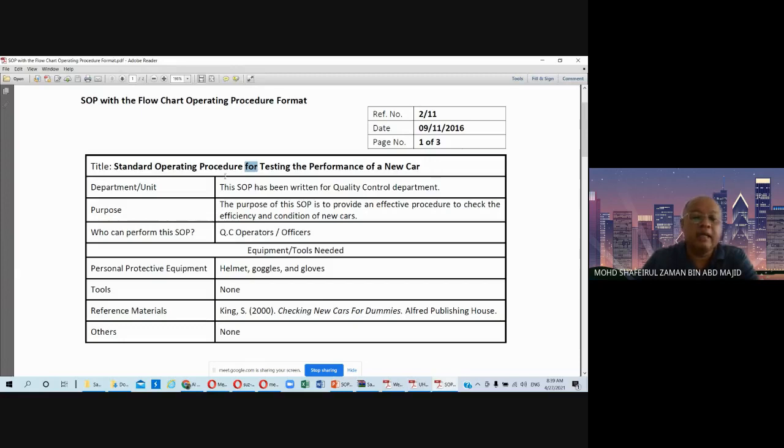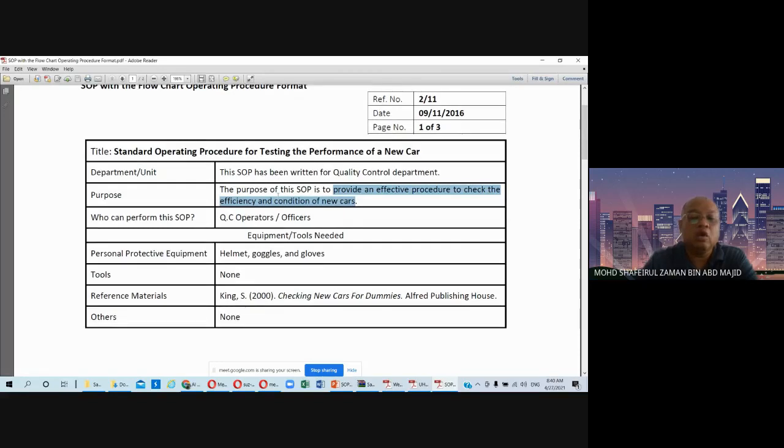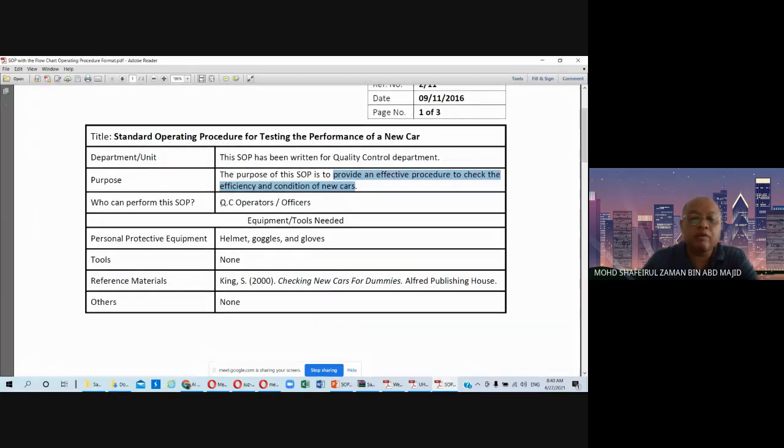Department or unit: this is meant for the quality control department. What is the purpose? To provide an effective procedure to check the efficiency and condition of new cars. Who can perform this SOP? QC operators or officers. For equipment or tools needed, you have the PPE. Remember, goggles, you need to read it as goggles, okay?